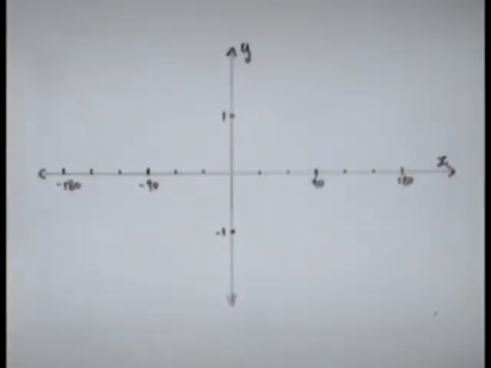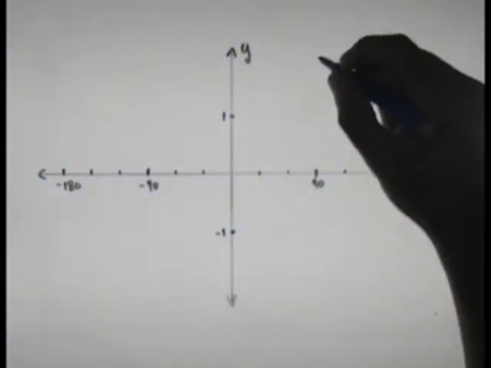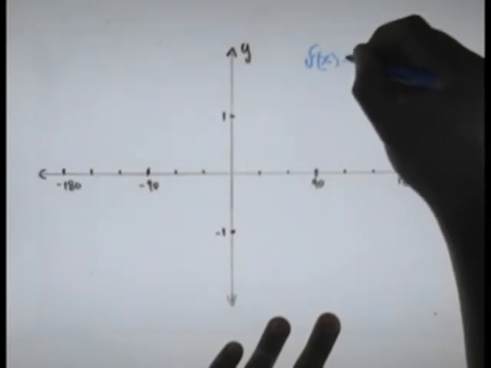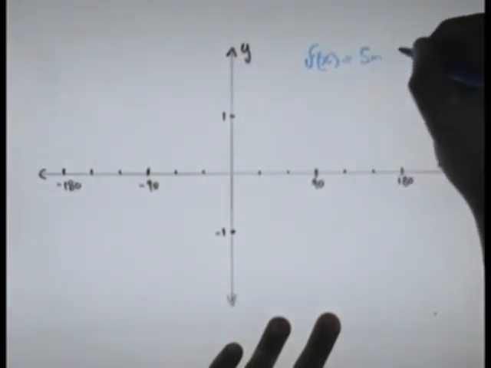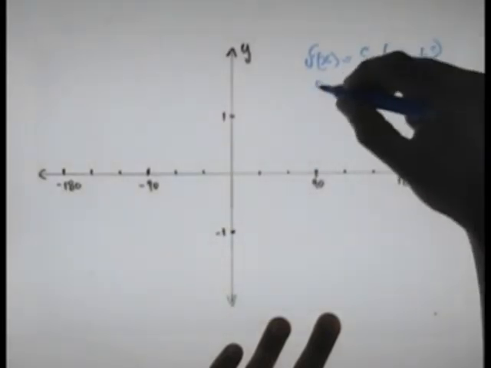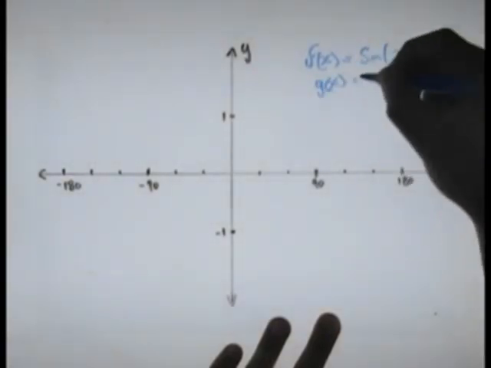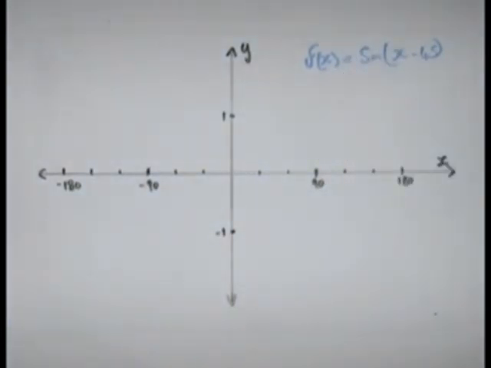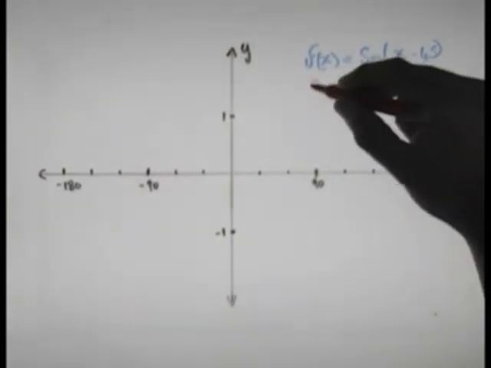The example I gave you to do: draw the graphs of f of x, which is equal to sine of x minus 45 degrees, and g of x, which is equal to, I'm going to draw that one in red, g of x is equal to cos of 3x.